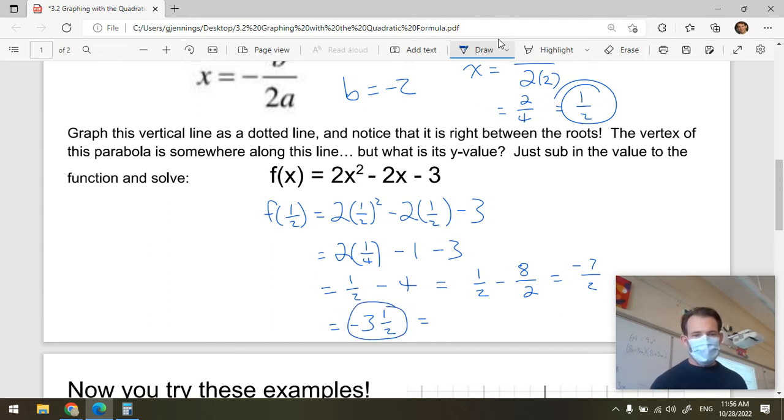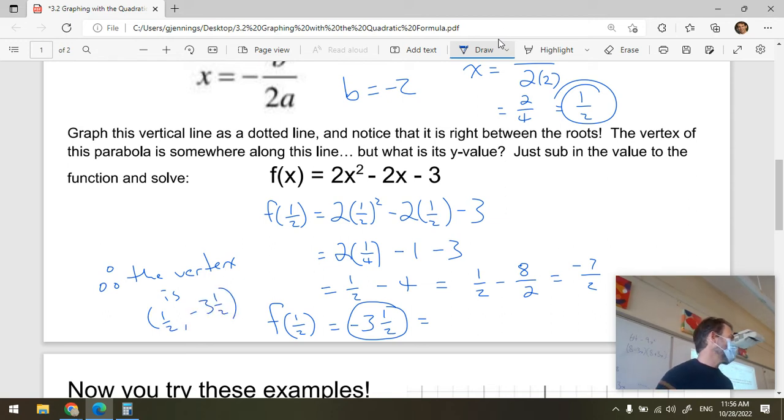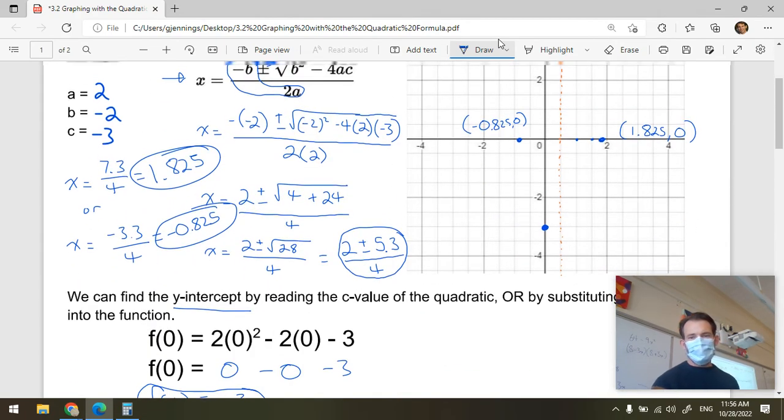So now let's take that. The significance of this is that when we let x equal 1 half, the function outputs negative 3 halves. So we know that's the y value of the vertex. Therefore, the vertex is 1 half, negative 3 and 1 half, or negative 3.5 if you prefer. Go ahead and plot it. There's my 1 half.